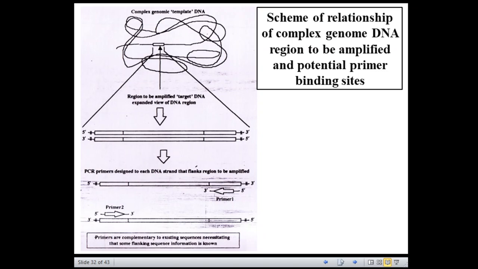So two oligonucleotide primers are chemically synthesized, each complementary to a stretch of DNA to the 3' side of the target DNA, one oligonucleotide for each of the two DNA strands, right?